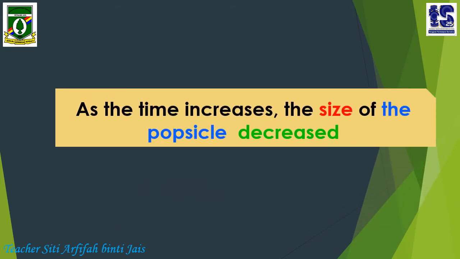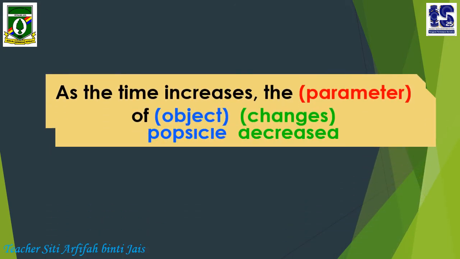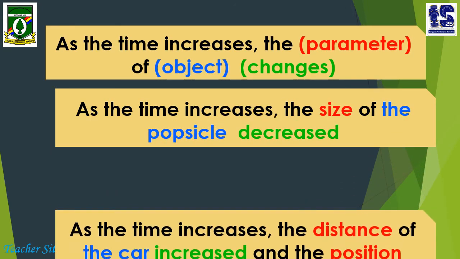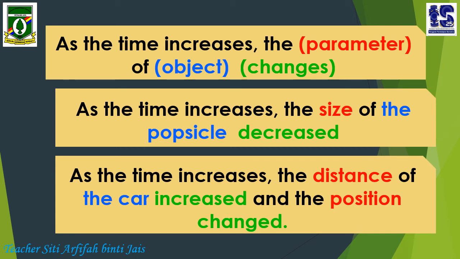This is how we write a relationship between space-time. As the time increases, the size of the popsicle decreases. As the time increases, the distance of the car increases and the position changes.